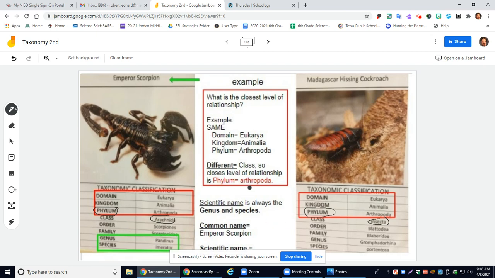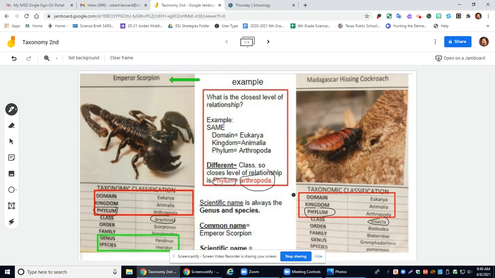And the closest level of relationship is going to be phylum. So if you ask me how closely related are these organisms, I can tell you they're related by their phylum. And what is their phylum? Their phylum is Arthropoda. Okay, so the phylum is Arthropoda. That would be your answer.